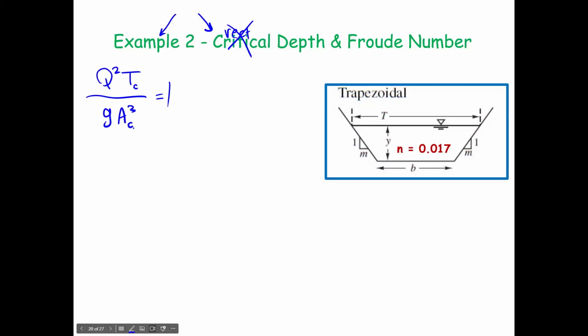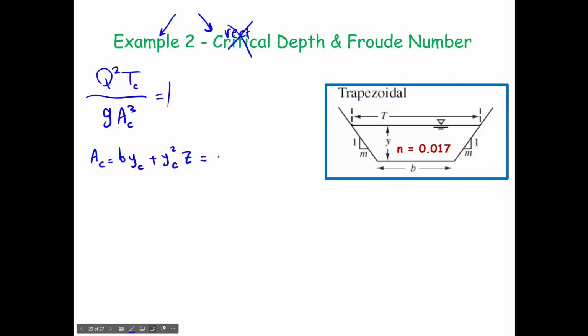What I need is T and I need A. So Ac equals B yc plus yc squared multiplied by Z. Don't use the y that you found in the last step. That's normal depth. You are looking for yc.